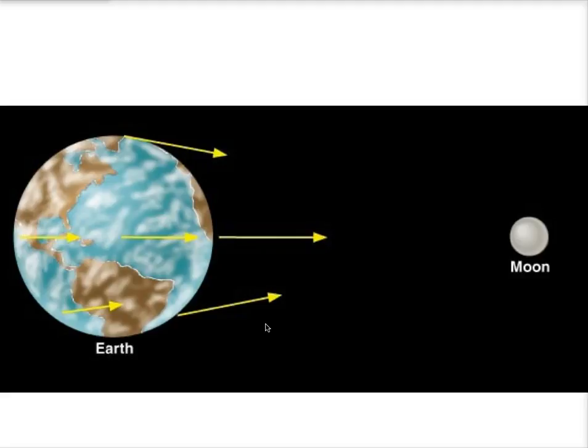Tides are caused by gravitational objects, and at least for tides on the Earth, it has to do with the fact that the force of gravity that the moon is creating upon the Earth here is different than what it is over here.